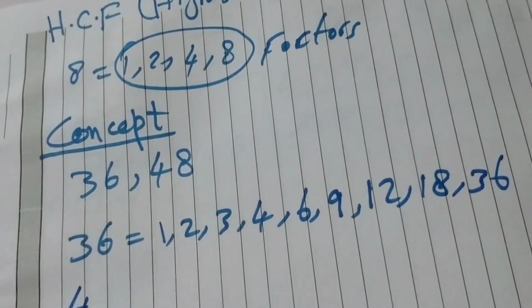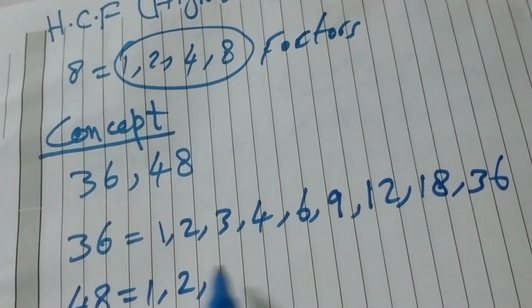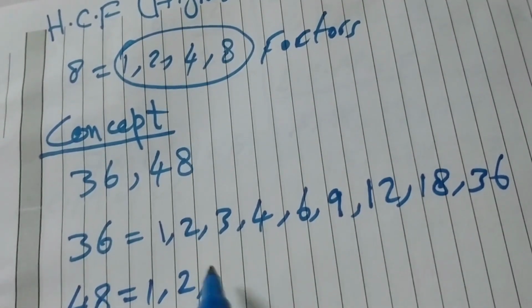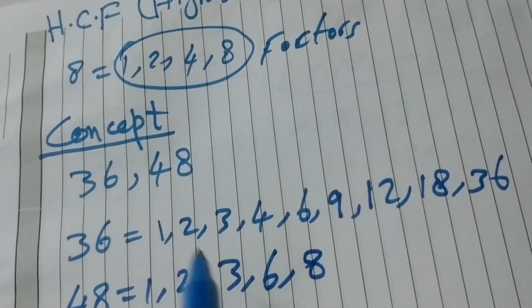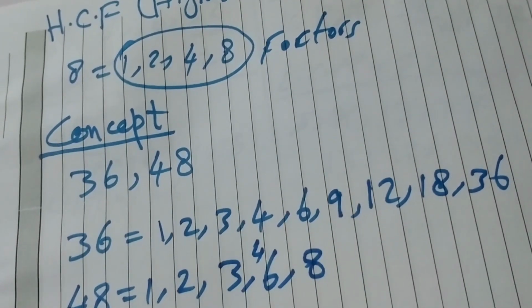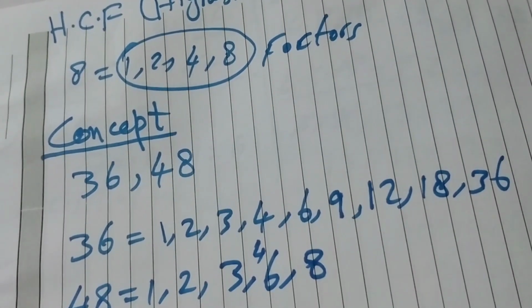And what are the factors of 48? 1, 2 is also a factor of 48, 3, 6, also 4, because 4 times 12 equals 48, right?